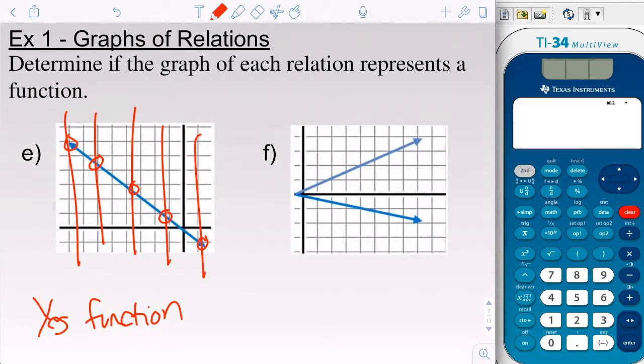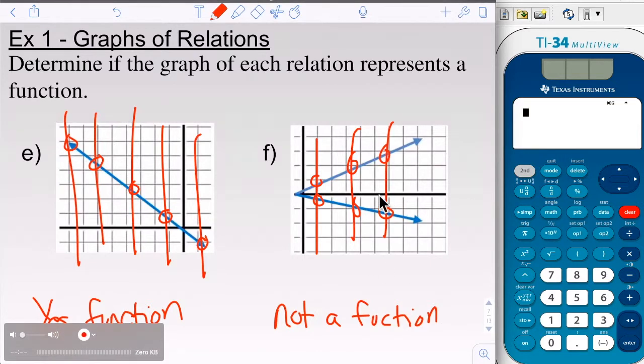Letter F is not a function. My vertical line test, boom, fails, fails, fails. Let's draw that circle a little better. There we go. It's failing the vertical line test because this x value right here has 2 different y values.